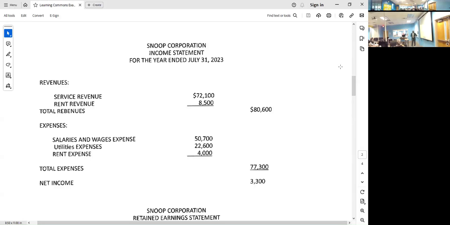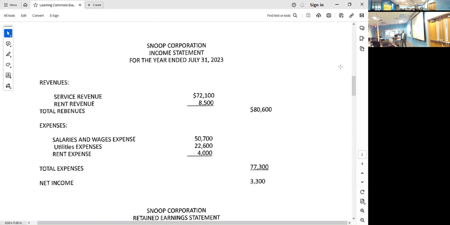Now, we have a net income of 3,300. That could be a loss, too. If that was a loss, what would have had to happen in this scenario? Expenses exceed revenues, yes, absolutely.